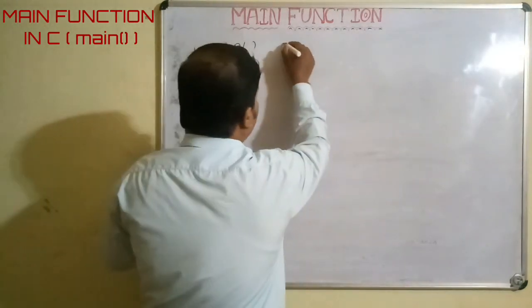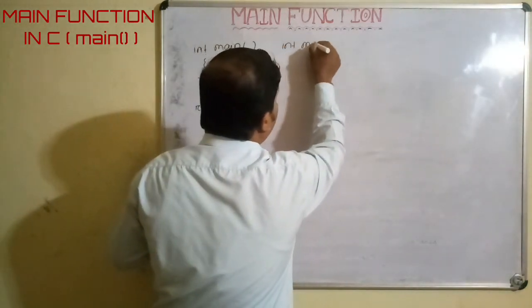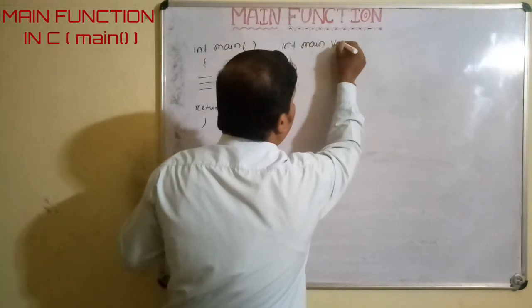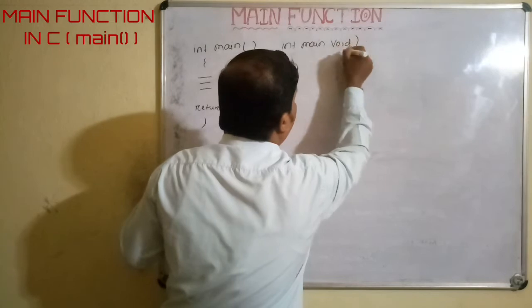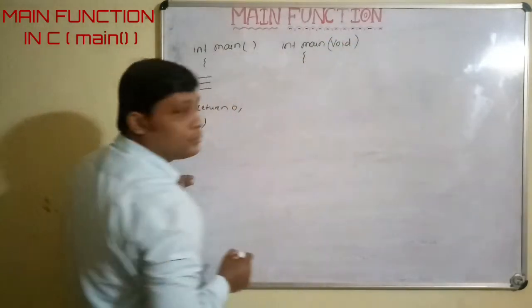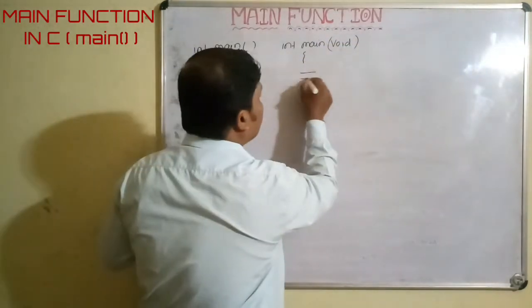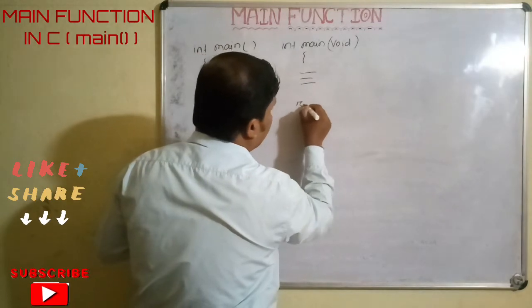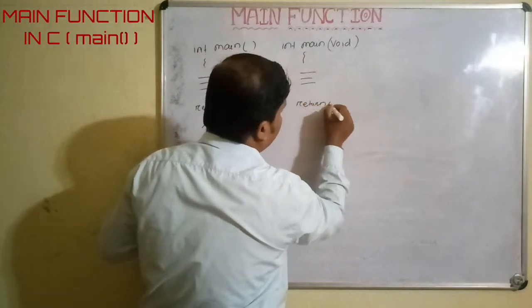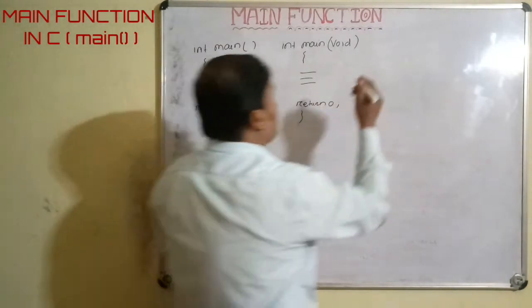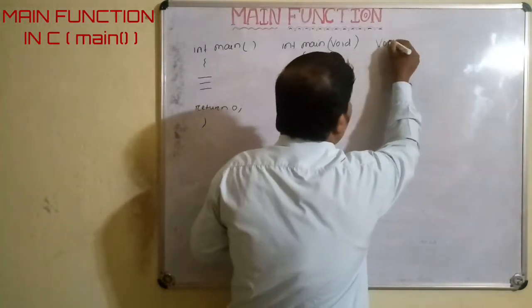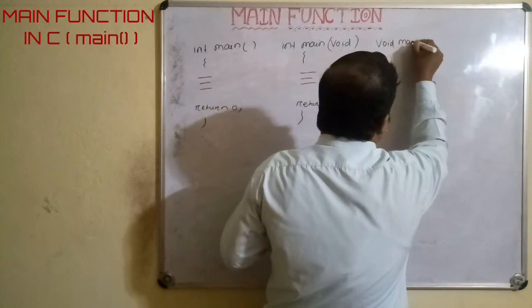You may write int main, and inside the parentheses write void. Then some braces, then return 0. This is another syntax you may use. Otherwise you may write void main.